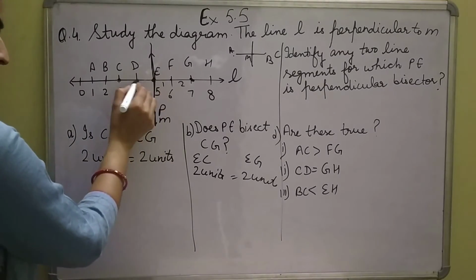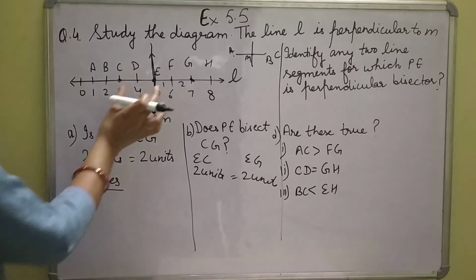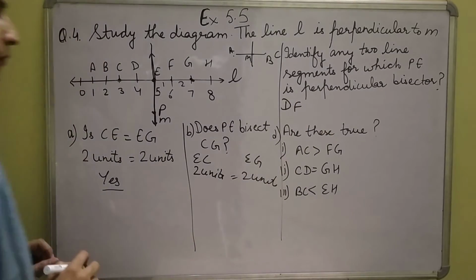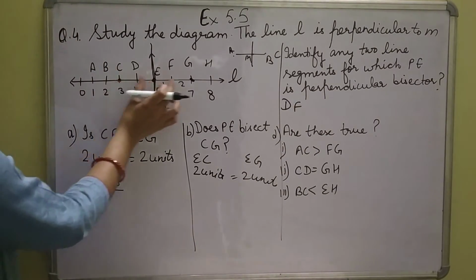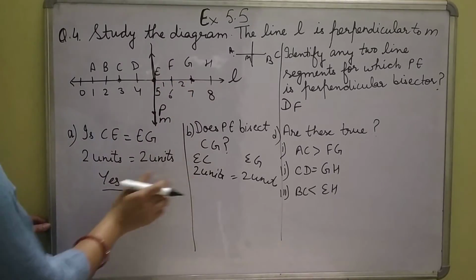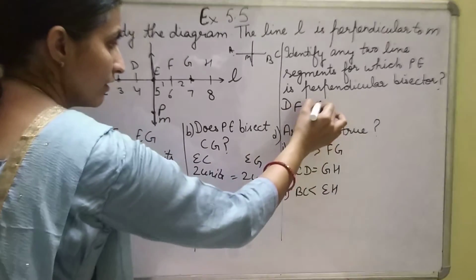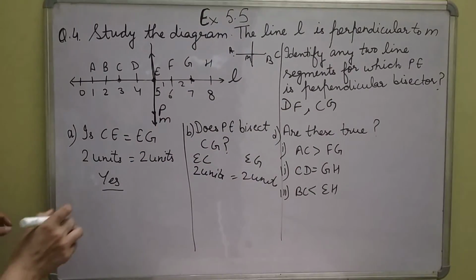So E to D 1 unit, E to F 1 unit, so we can take line segment DF. Then E to C 2 units, E to G 2 units, so for CG again it will act as a perpendicular bisector.